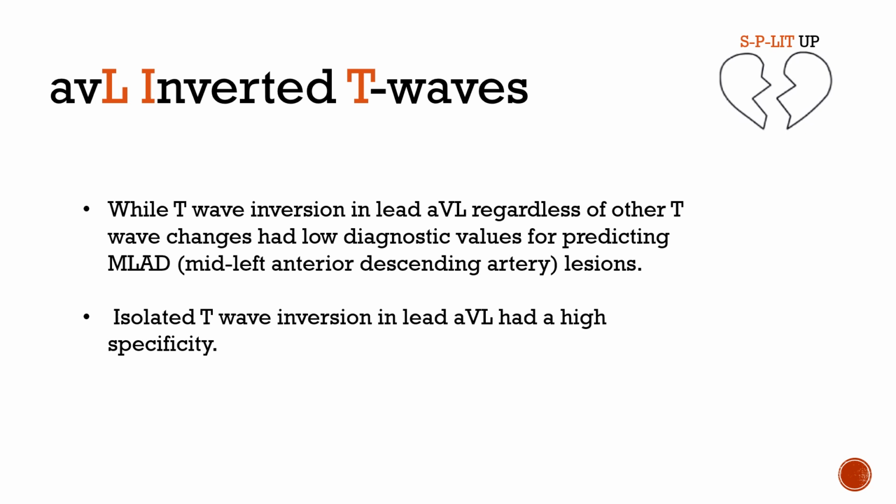They found that while T-wave inversion in lead aVL, regardless of other T-wave changes, had low diagnostic value for predicting mid-left anterior descending artery lesions, isolated T-wave inversion in lead aVL had a high specificity.